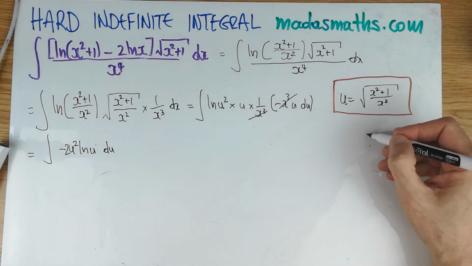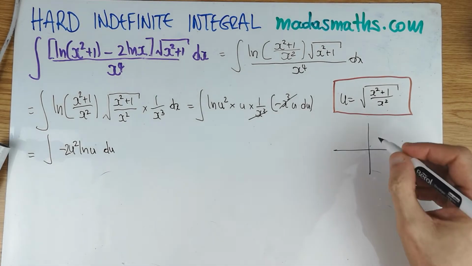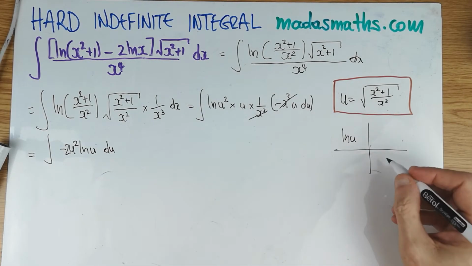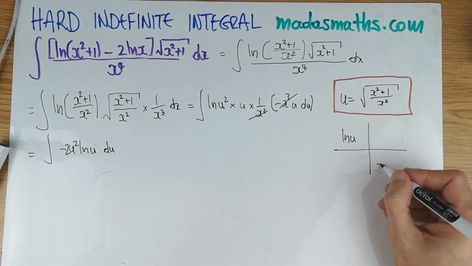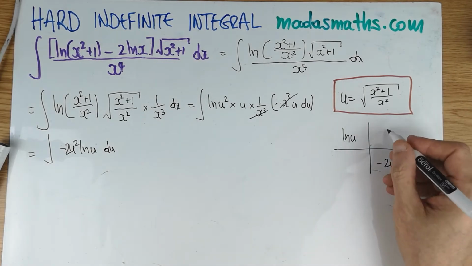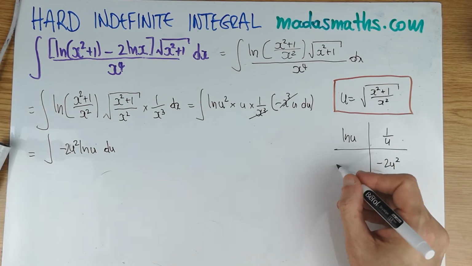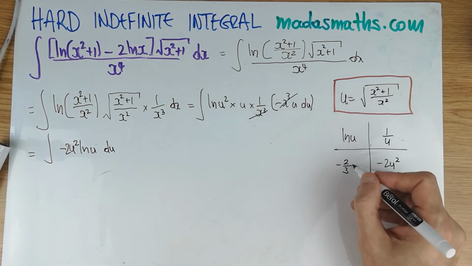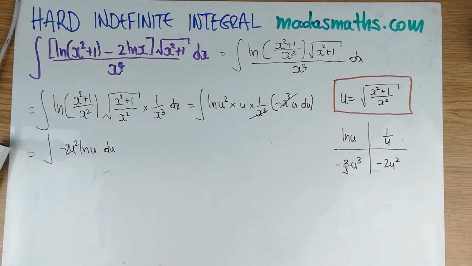For me the integral is quite straightforward. Log u to be differentiated, minus 2u squared to be integrated, 1 over u.